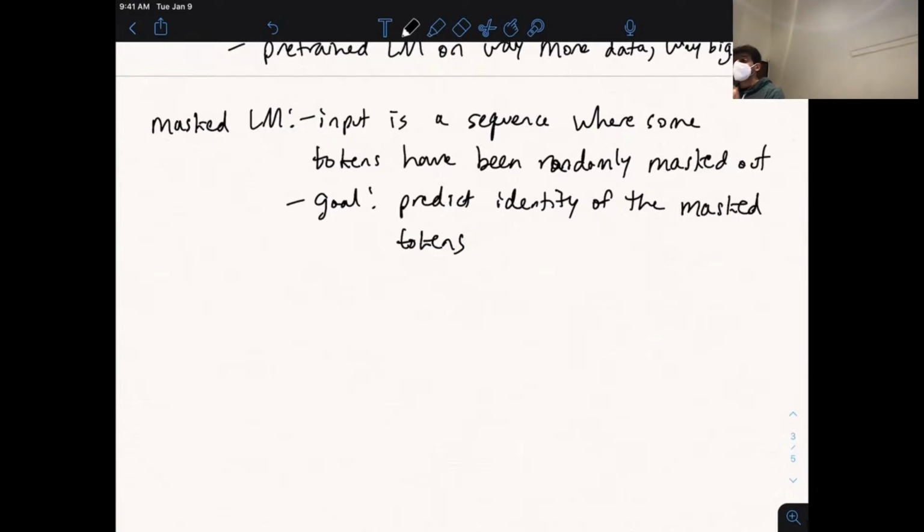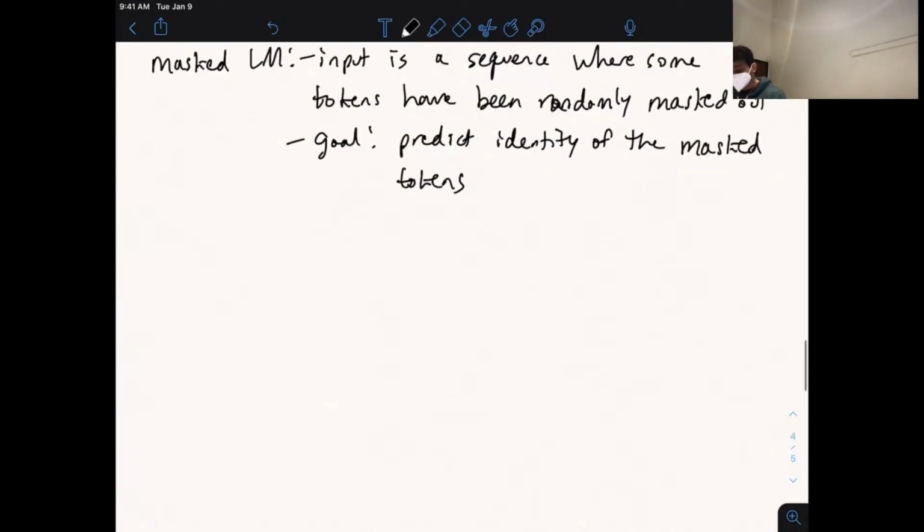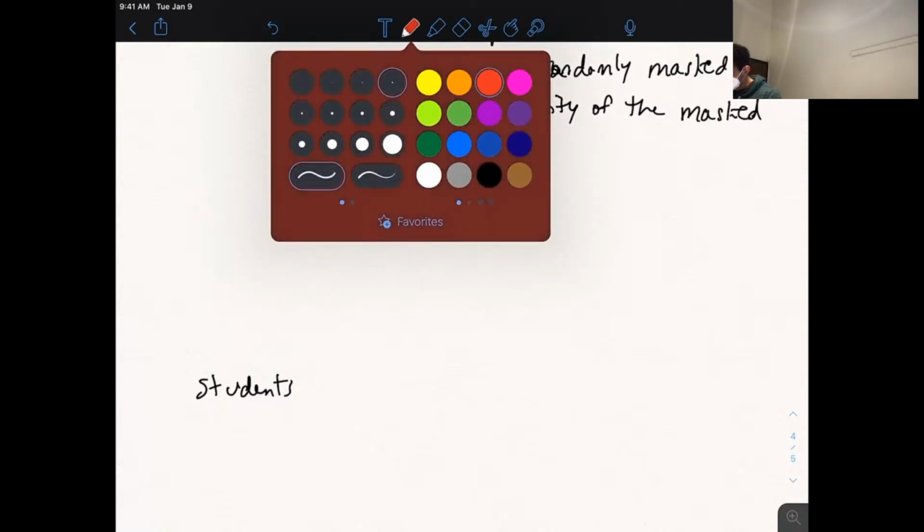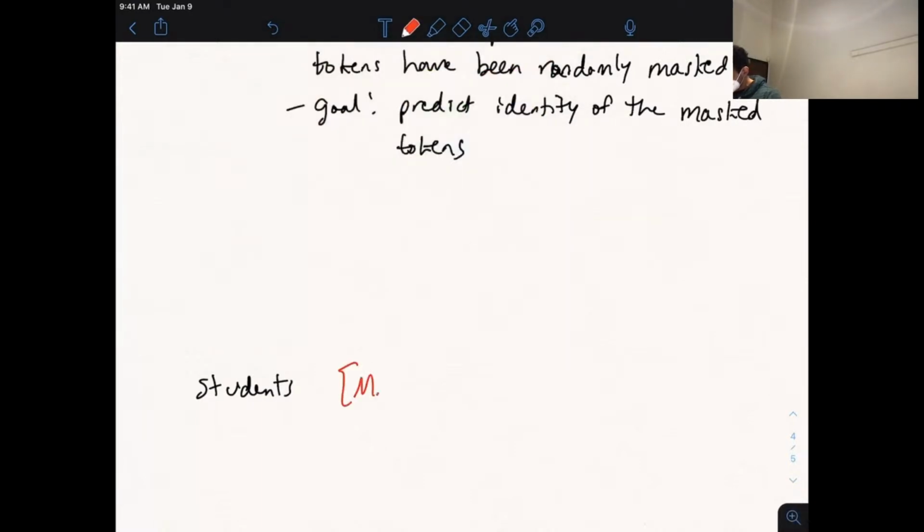So let me draw this out and then I'll take a question. So remember our example from before, which was students opened their books, and students opened there, and we were trying to predict books. Here we will use that same example to illustrate masked language modeling. So we have students, but let's say the word opened was actually masked. So we have a special mask token.